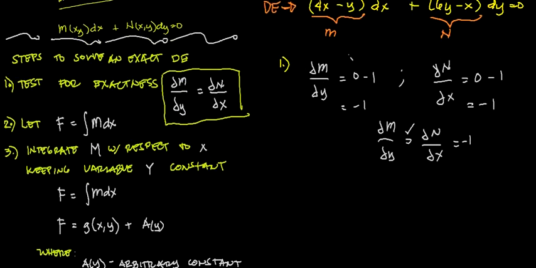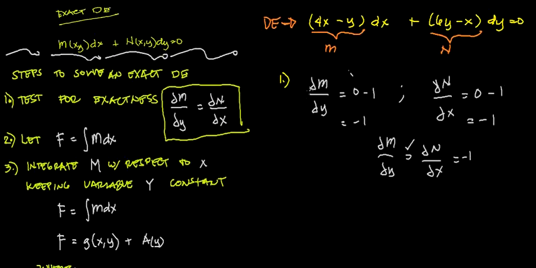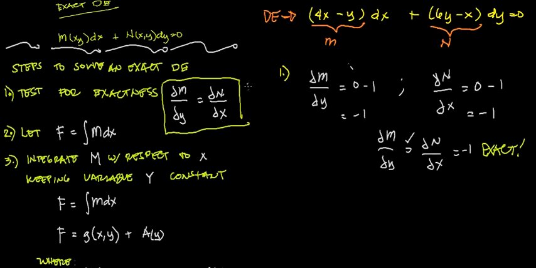So by doing the test for exactness, we evaluated this given DE and can say that it is exact. Then if this is exact, we can now proceed to step 2.